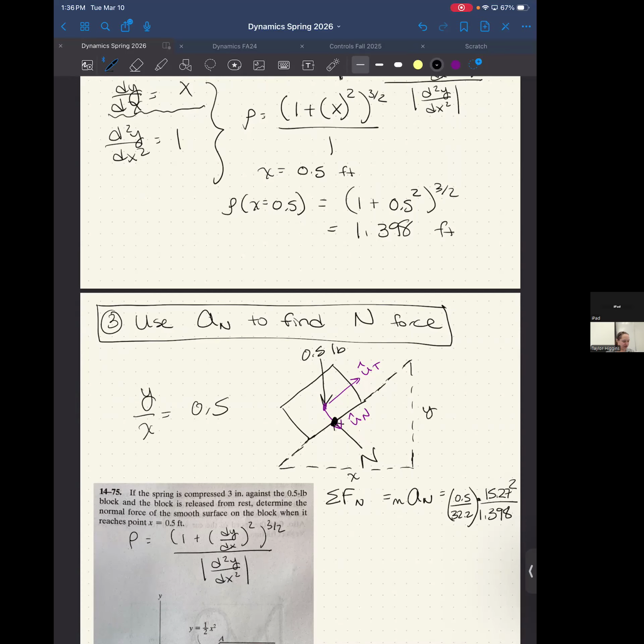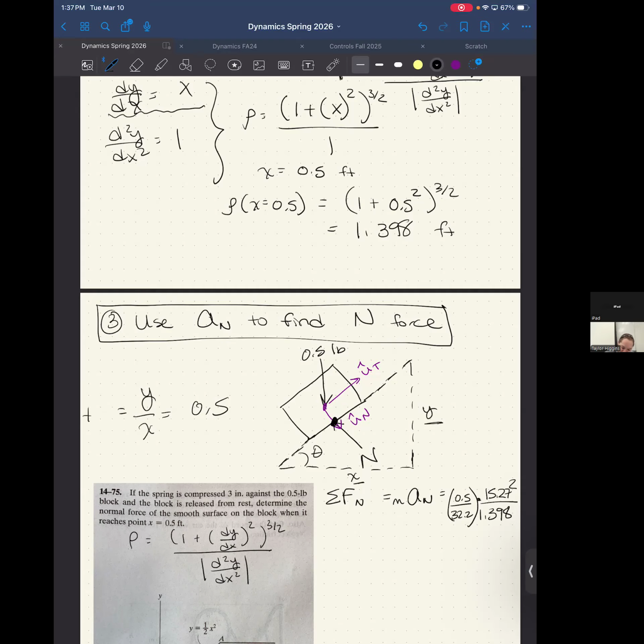What's next? What do I do next, Theo? How do I go from knowing this slope to knowing this angle? Tangent, opposite over adjacent, inverse tangent. Right. So opposite is y, adjacent is x.